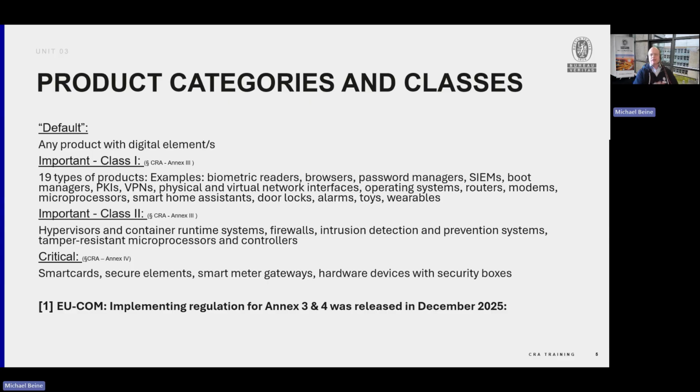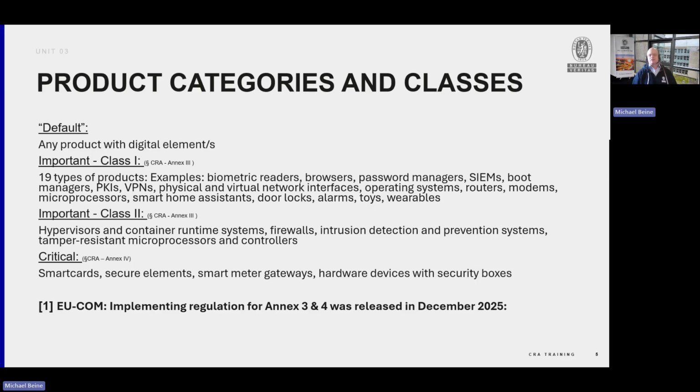That would be such a network interface, or the cellular interface, or the Ethernet, whatever network interface there will be. There are components which build these network interfaces, and they are in the focus of this. So only if the core functionality or core purpose is in the range of these categories, then the product falls into that category. We have operating systems, routers, modems, microprocessors.